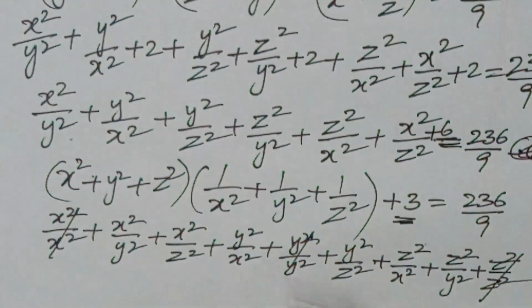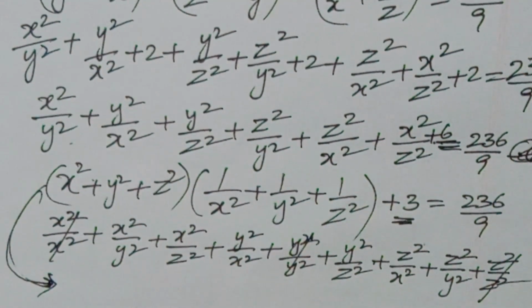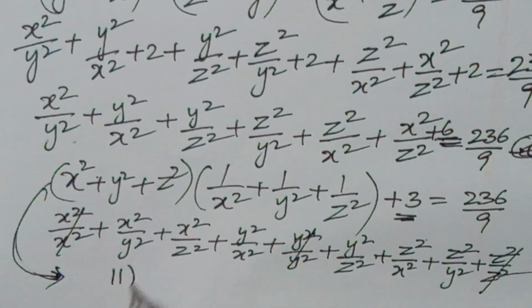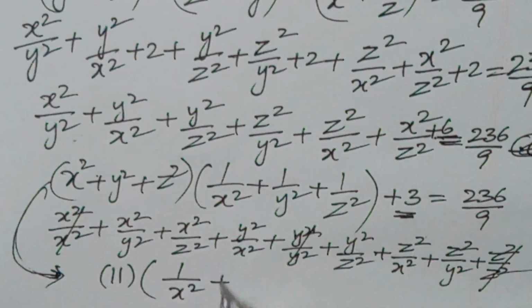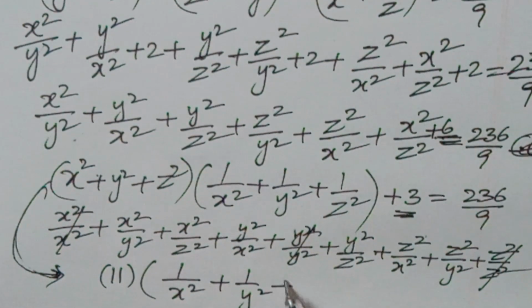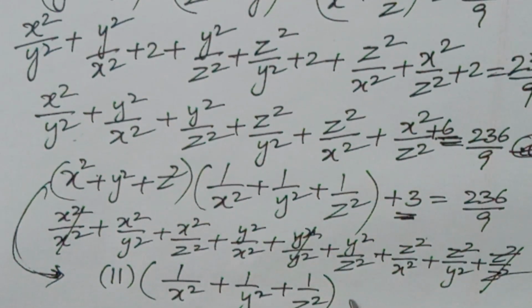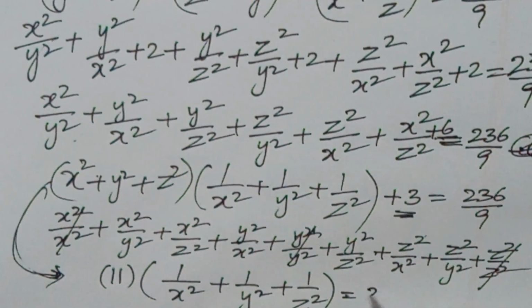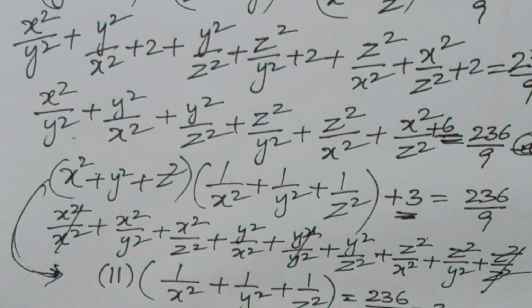So by taking this, if you substitute the values here, x square plus y square plus z square is 11. So 11 times (1 by x square plus 1 by y square plus 1 by z square) is equal to 236 by 9 minus 3.